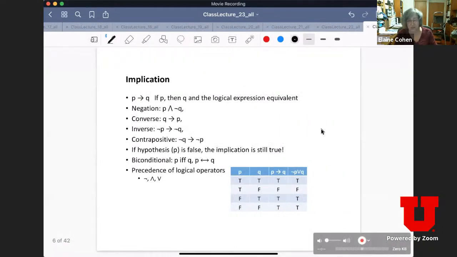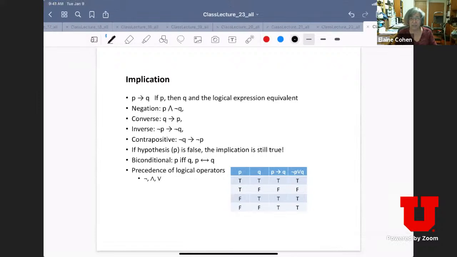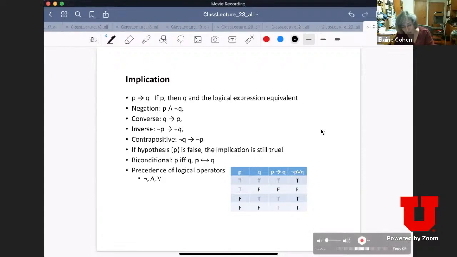Okay. So remember, implications. We're still on chapter 1 here. Implications. P implies Q. That reads, if P, then Q. So these are logical, and there's a logical expression equivalent.